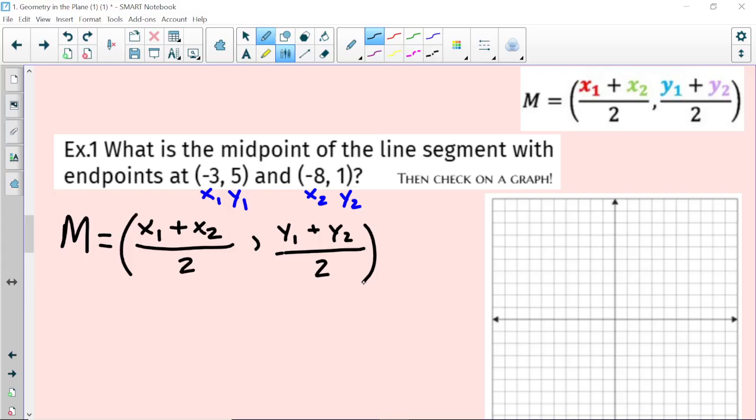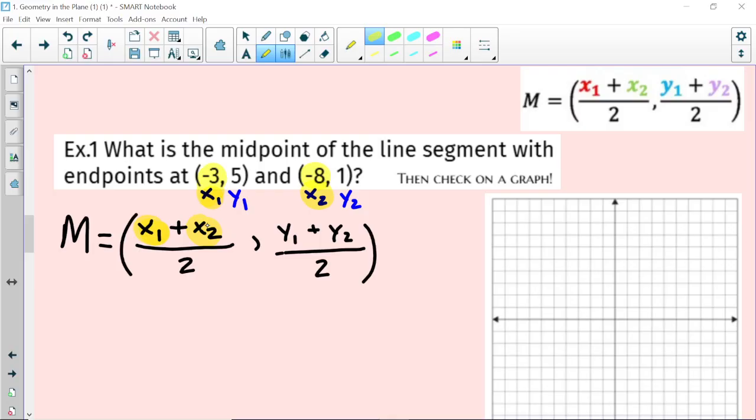All right, next is to plug our pieces into the formula. So I'm looking at my x1, which is -3, so that's going to come in here on the x side of my formula. And my x2 is -8.